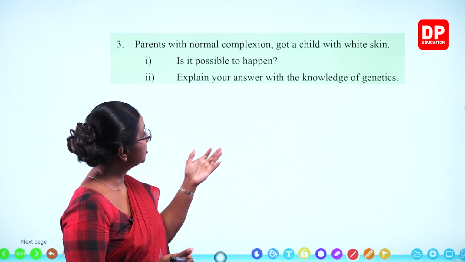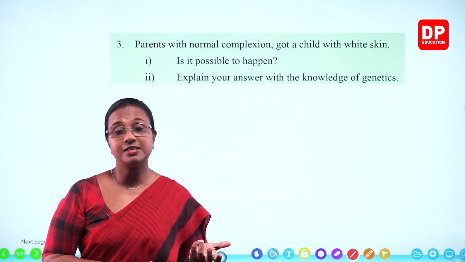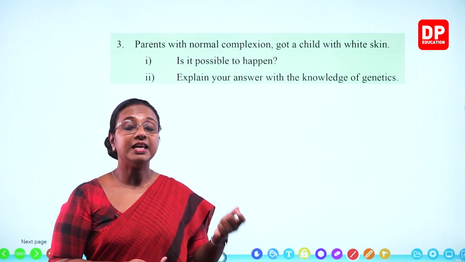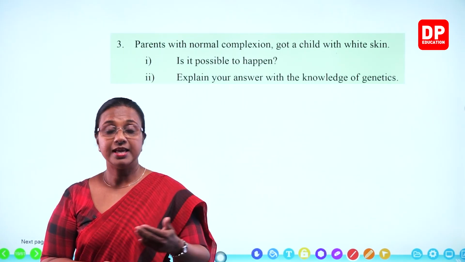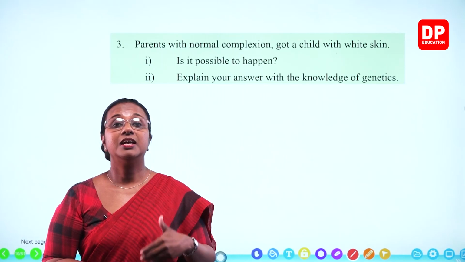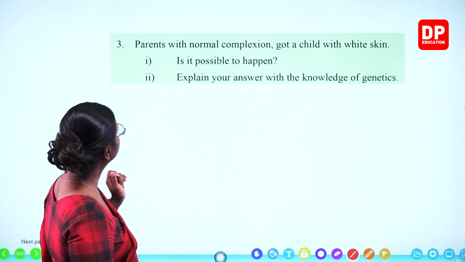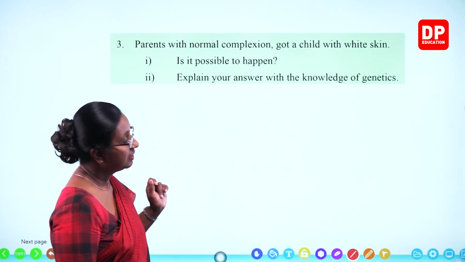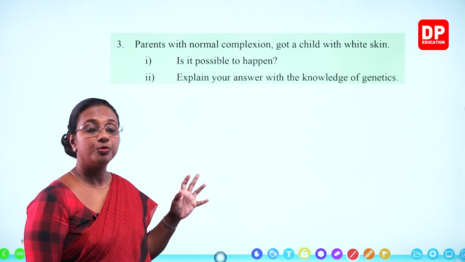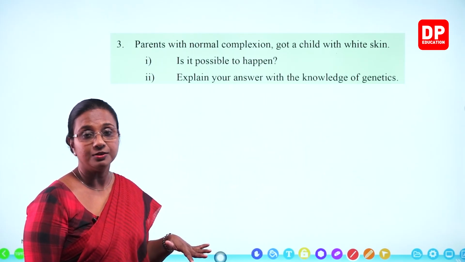Otherwise, the gene that is responsible for the white skin, if it is recessive, then it could have been expressed due to the homozygous recessive condition in the children. So that is why the child has a white skin. So both are possible. You can give the explanation in either way.